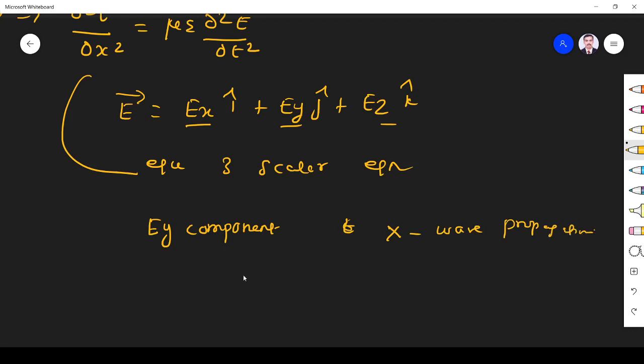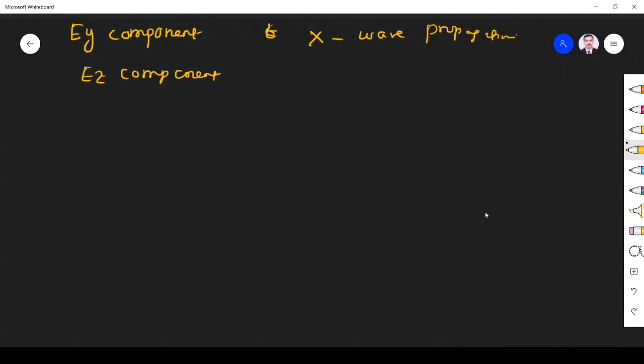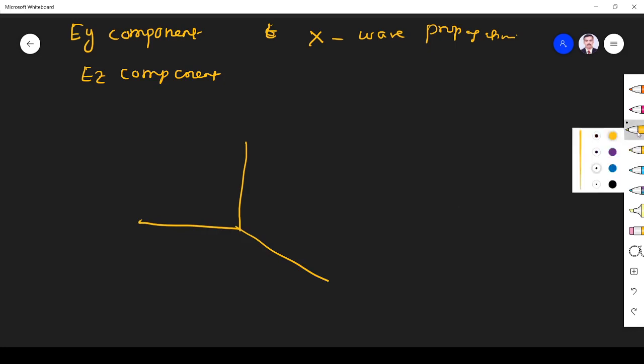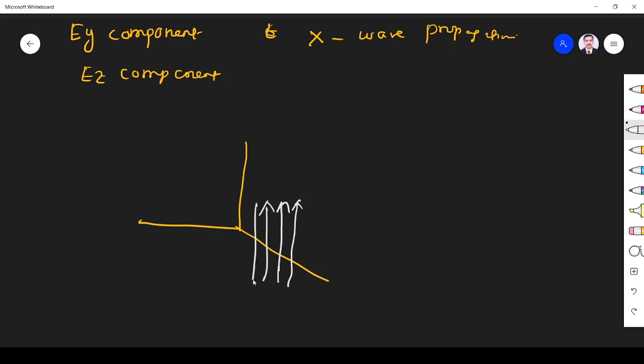Let me draw it properly. This is x, this is y, this is z direction.